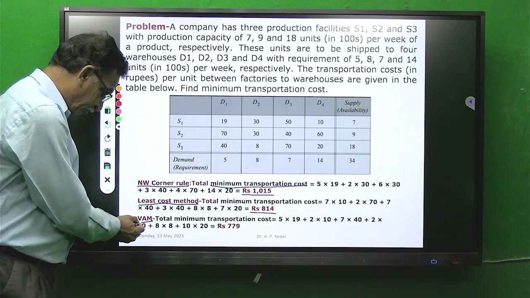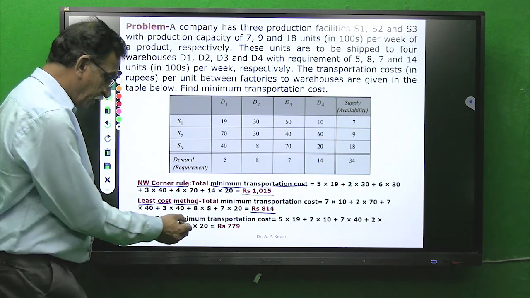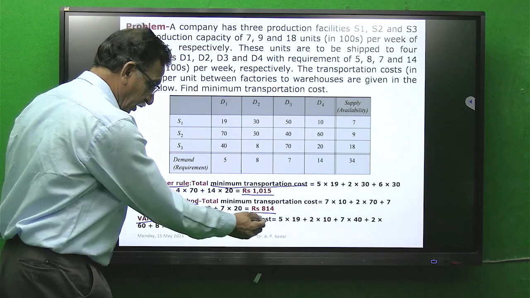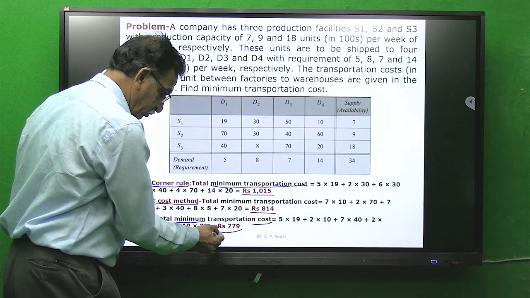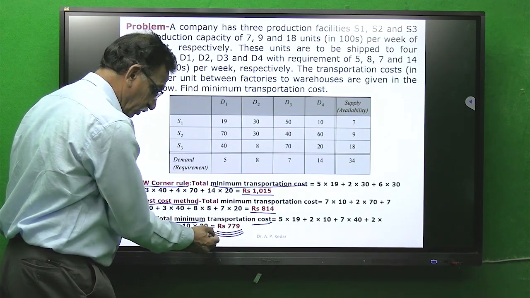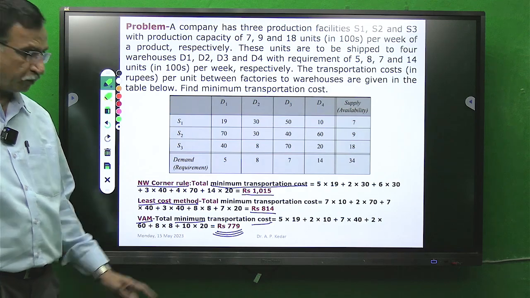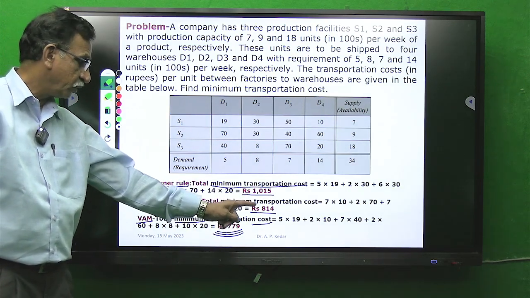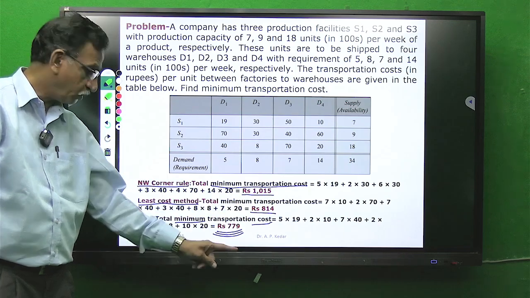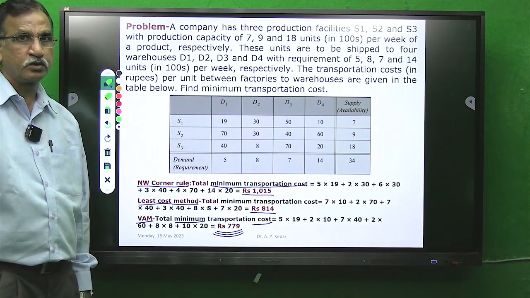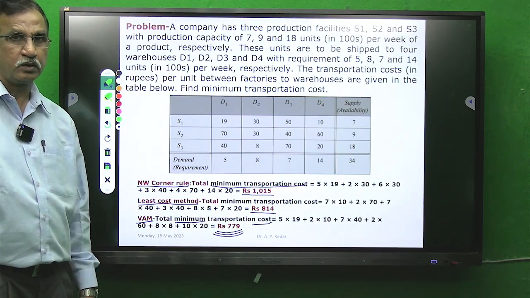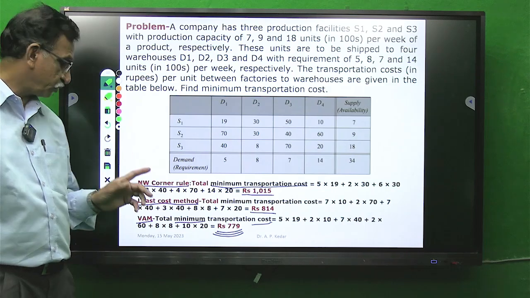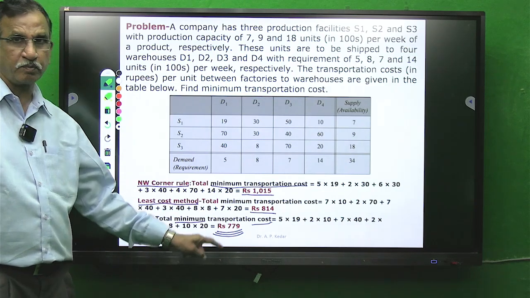When we apply VAM, the total minimum cost comes out to be rupees 779. Compare these three costs, 1015, 814 and 779. So students, in the very beginning this VAM gives you minimum cost.